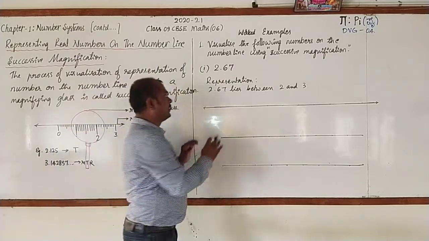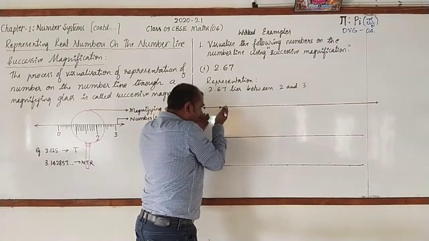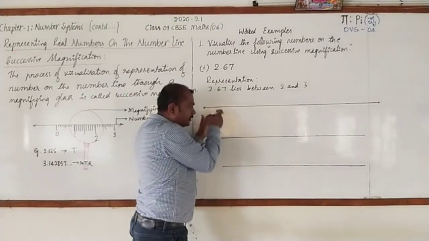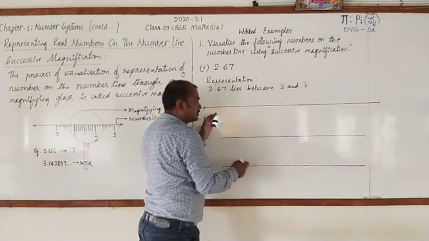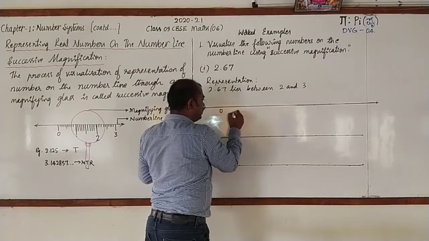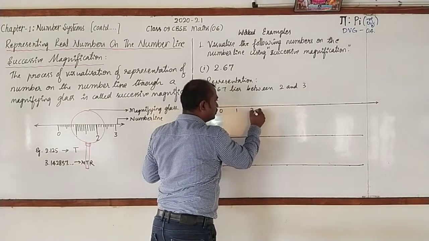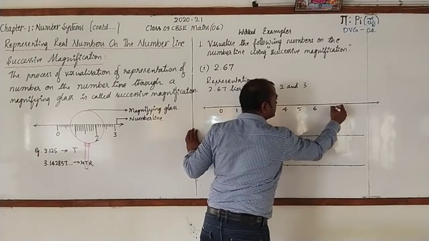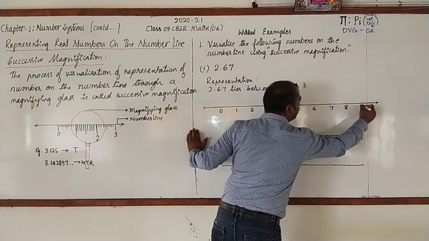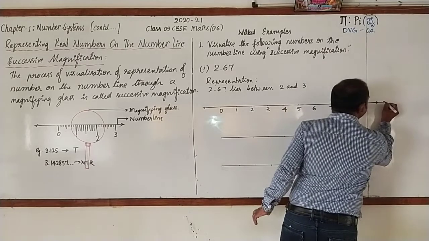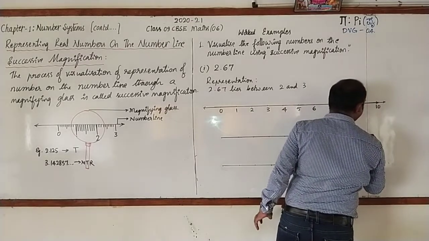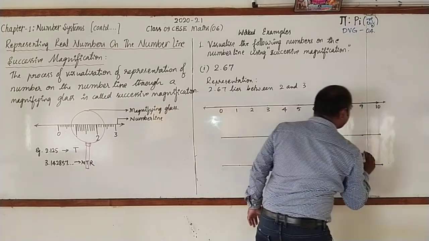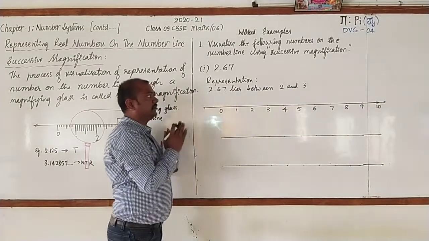These lines should be parallel, and the points should be collinear vertically also. Here this is 0, 1, 2, 3, 4, 5, 6, 7, 8, 9 and 10. Got it? These are the natural numbers.